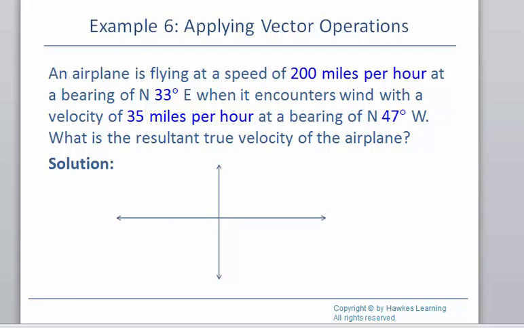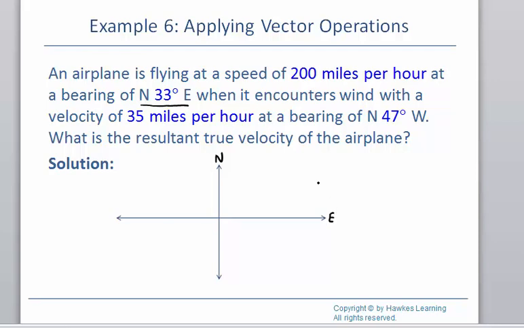We want to begin this problem by constructing a vector for both the airplane and also for the wind. So let's begin with the airplane. We know that the airplane is flying at a speed of 200 miles per hour at a bearing of north 33 degrees east. Okay, so to begin, let's talk about this direction. We know that north is straight up, and we are going to see that airplane 33 degrees east of that north direction.